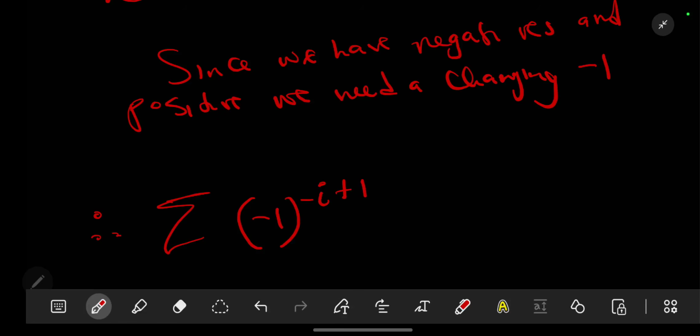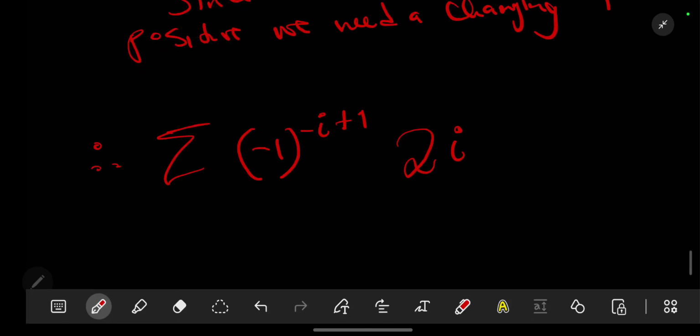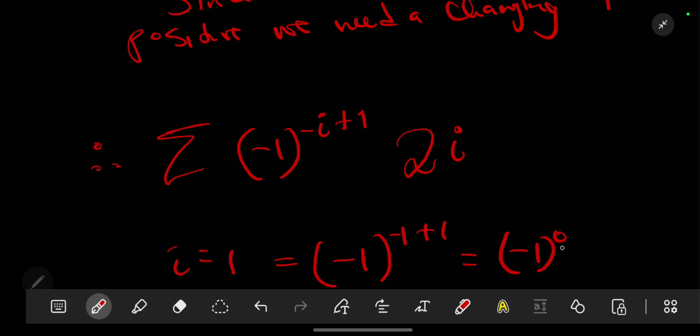Now why is this important? You will see. We have then times the multiple, which will be something like this. Because if i is changing, let's say if i is equal to 1, it will be -1 to the power of 1 plus 1, which will be -1 to the power of 0, which will be equal to +1.